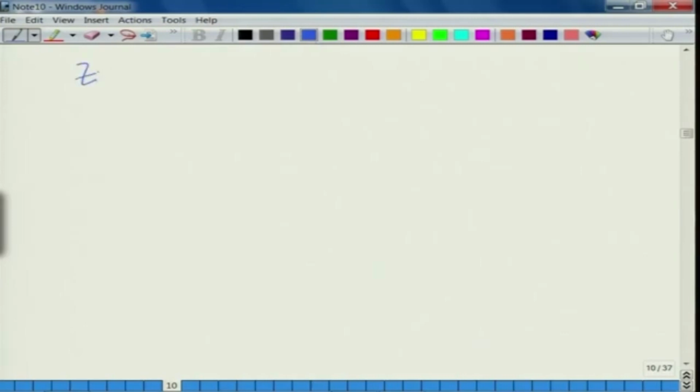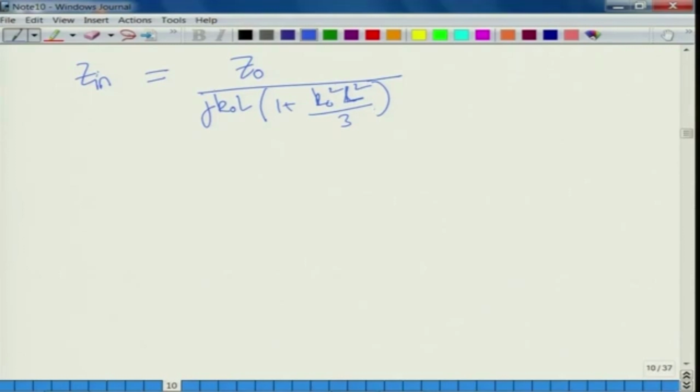So, the input impedance Z is then given by Z naught divided by j K naught L and 1 plus K naught square L square by 3. Here, this is capital L. What is Z naught? Z naught is the impedance seen.